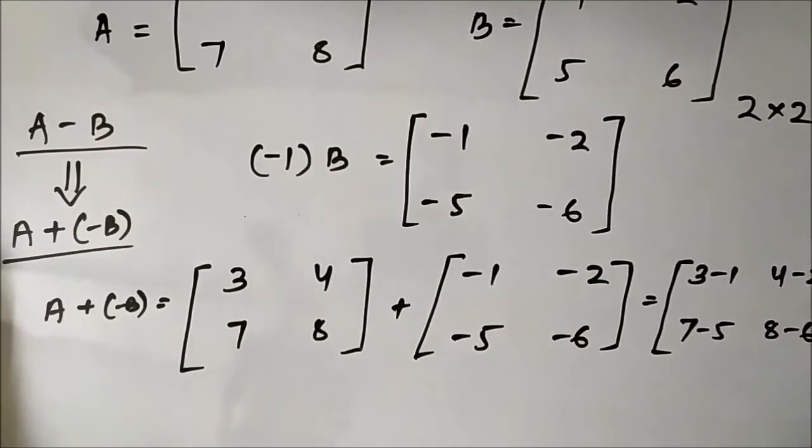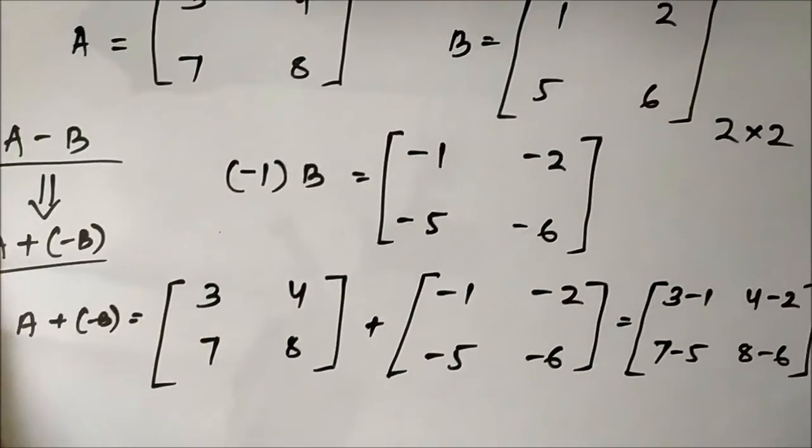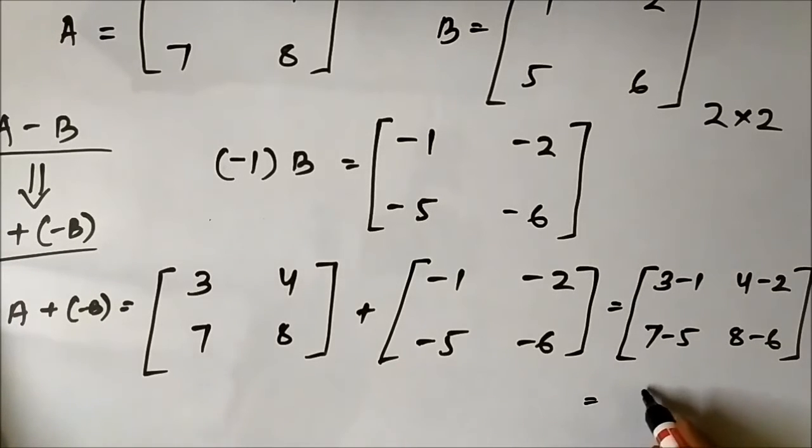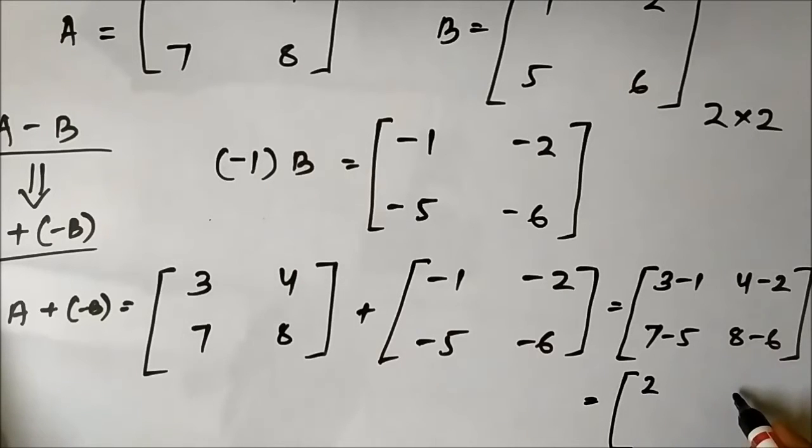So this result is equal to 2, this is also 2, 7 minus 5 is 2, and 8 minus 6 is also 2. This is the result of the subtraction operation of the two matrices, and this is where the scalar multiple of a matrix with a constant quantity comes into play.